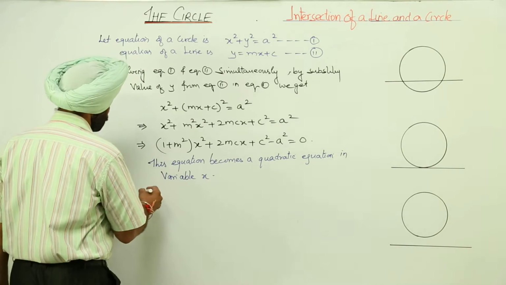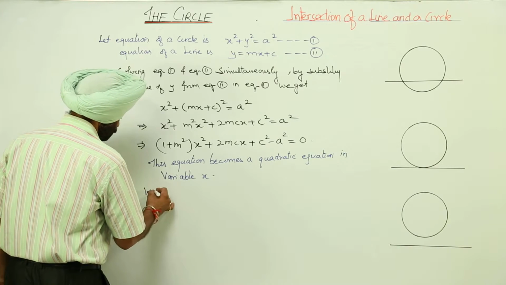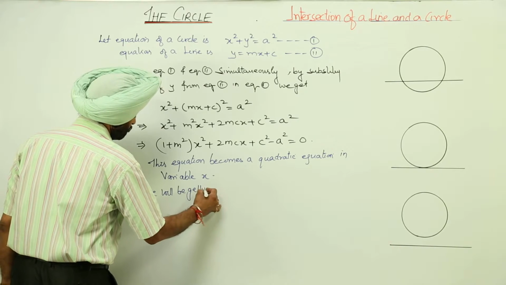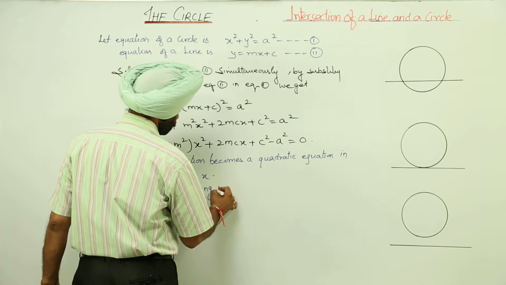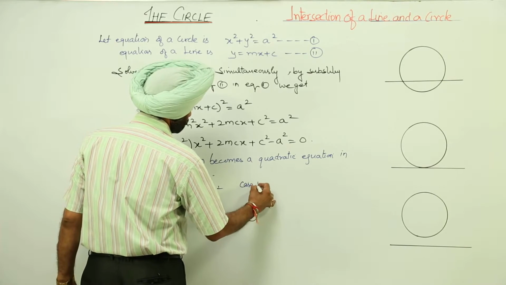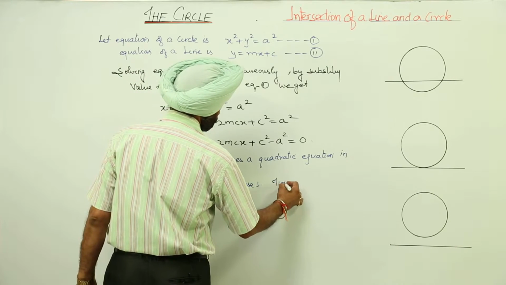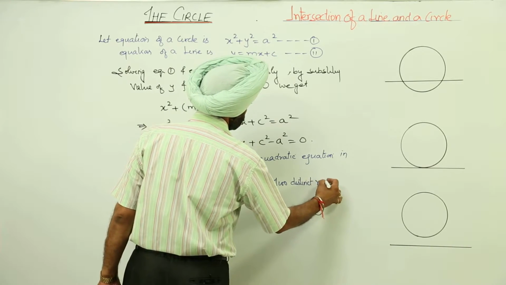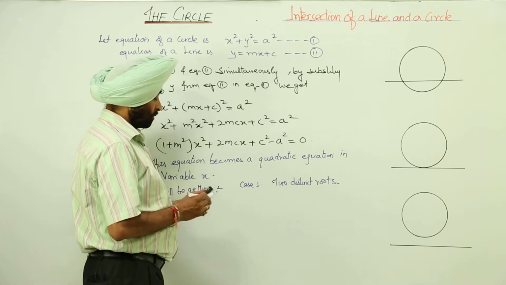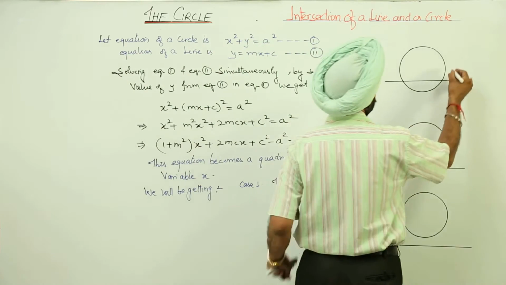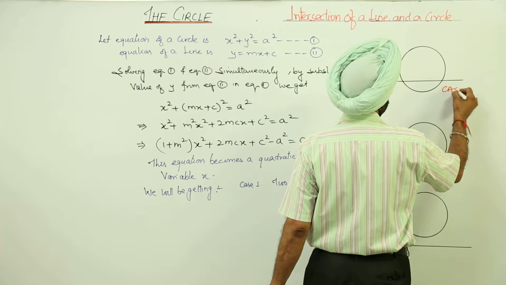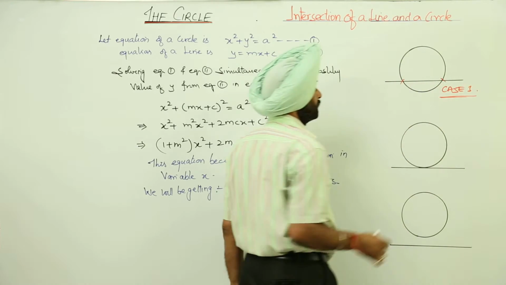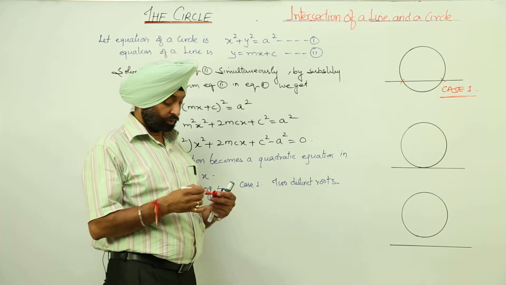So, what we will be getting? Case 1, two distinct roots. This is case 1 with two distinct roots, and it will cut the circle at two different points.